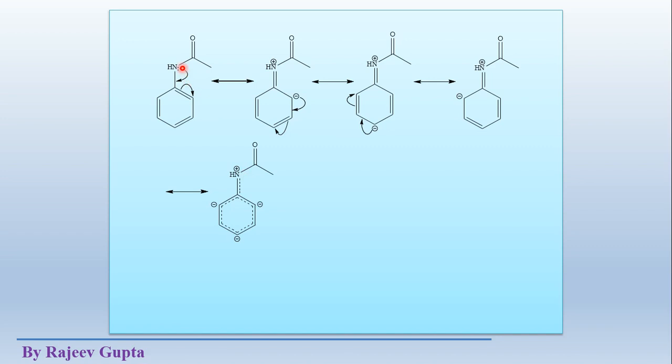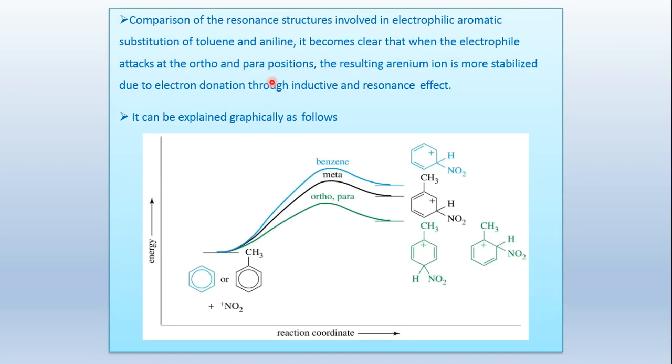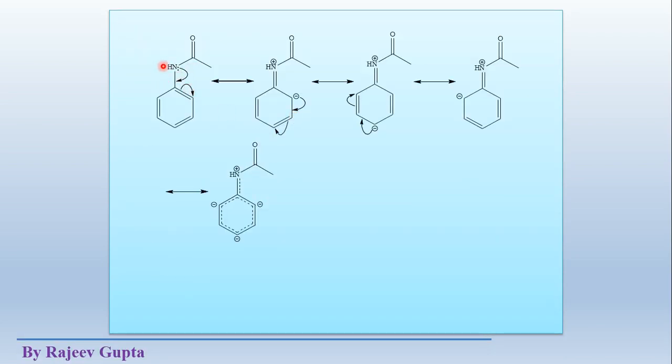This is the example of this amide group, which is directly attached to this ring through the nitrogen atom. Same, we can show this lone pair movement like this, just as we have seen for the hydroxy group in phenol. Now see, in the resonance hybrid we can observe that the negative charge is appearing on the ortho and para positions.